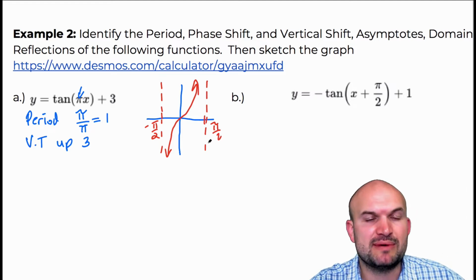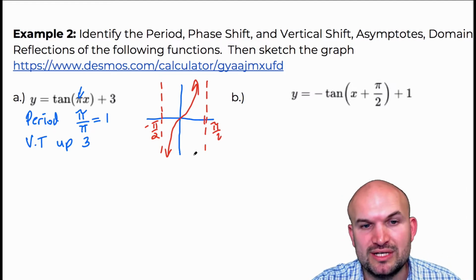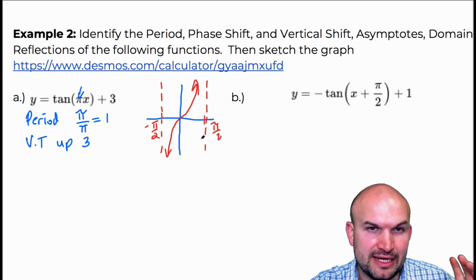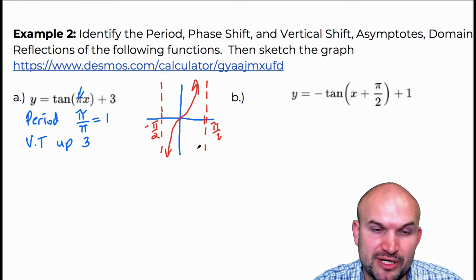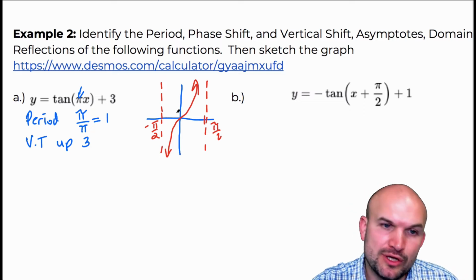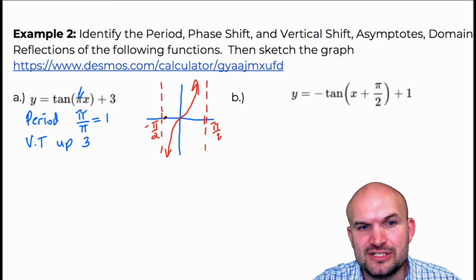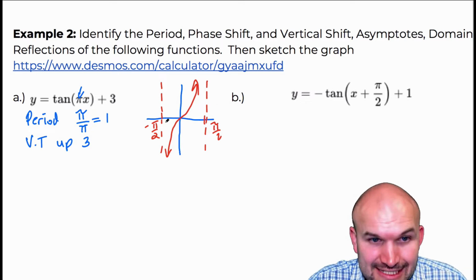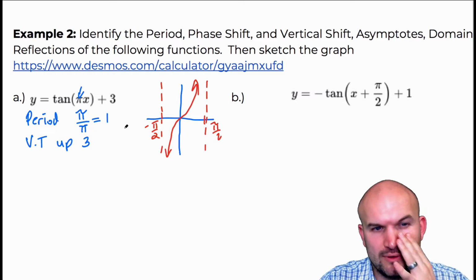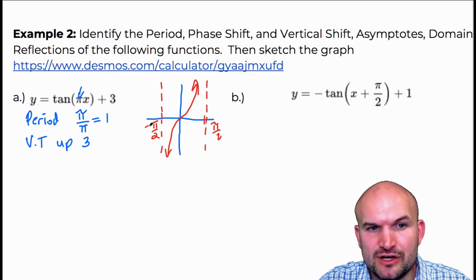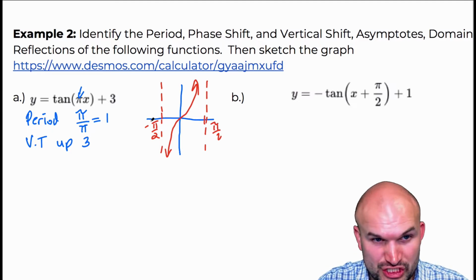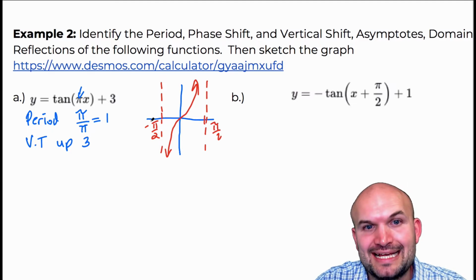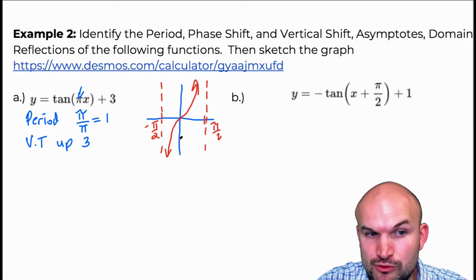And one thing that I talked about in the notes was that we could talk about the initial period start and end. What we notice for tangent is that at the start and end of our initial period there is an asymptote. So if I can figure out the transformations or change to my initial period, I can identify where the new asymptote is going to occur.